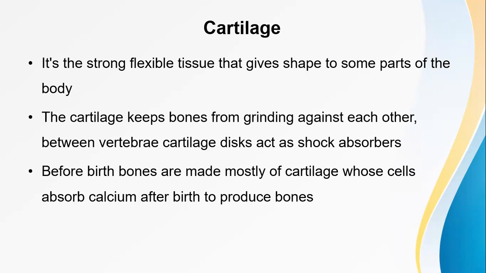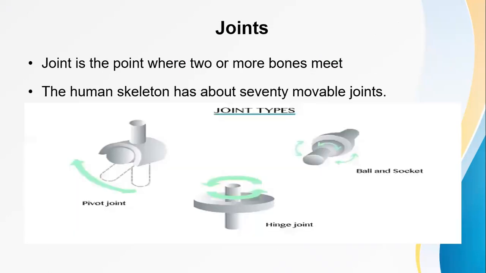So it helps to allow the movement to be smooth within the human body. Now we have to notice that before bones are made, most of the body is cartilage, whose cells absorb calcium after birth to produce bones. So these cartilage are the ones that absorb the calcium later on to produce the bones that are needed by the body.